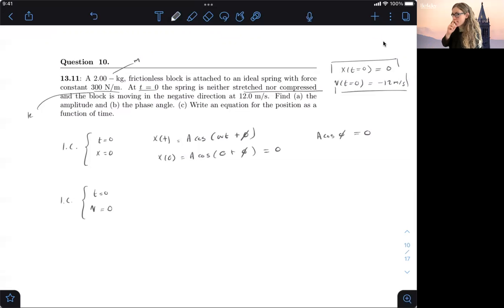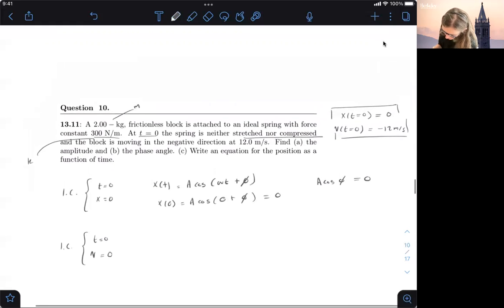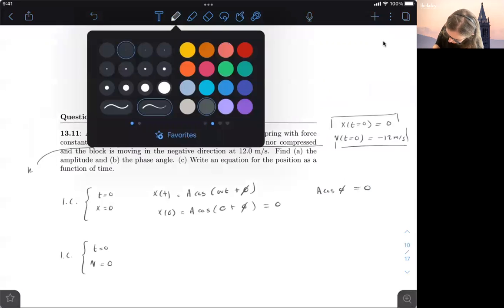Cool. So what value of cosine are we looking at here? Well, the block is in the center, moving left, and the velocity is negative. So our sine of phi is going to be positive. If we look at the graph, I'll draw this to help with understanding.